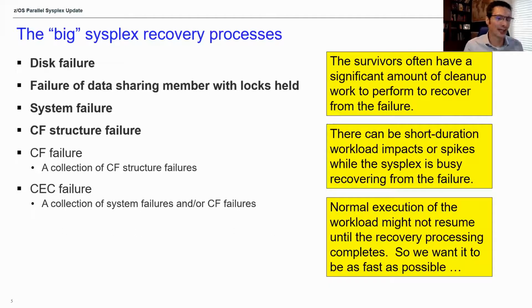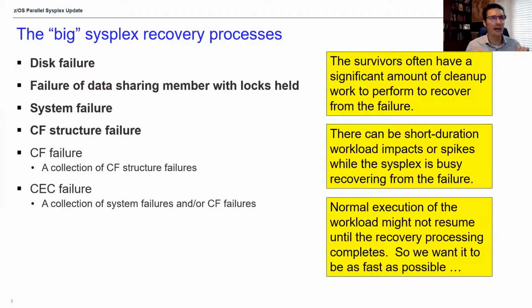These failures include things like a disk failure, a failure of data sharing members with locks held, system failures within the Sysplex, a CF structure failure, as well as a couple of the other failures listed below. Now, the failure recovery processing is usually of short duration, but while it is going on, in many cases, it can be impactful to the existing workloads that are running.